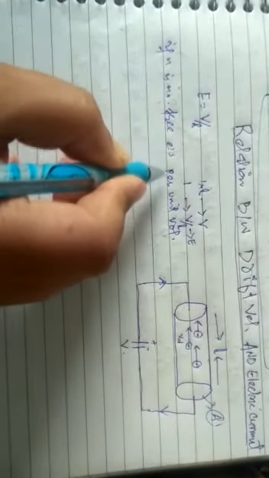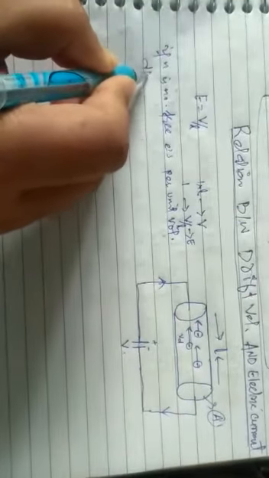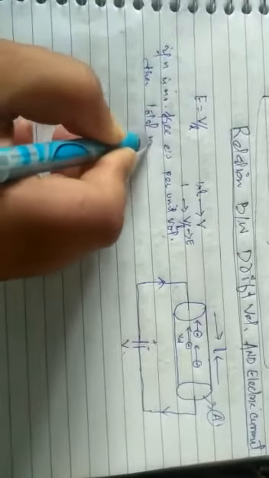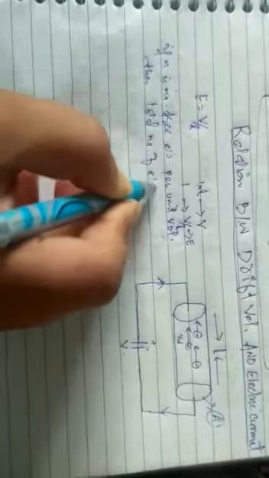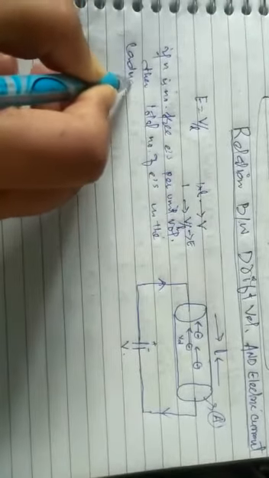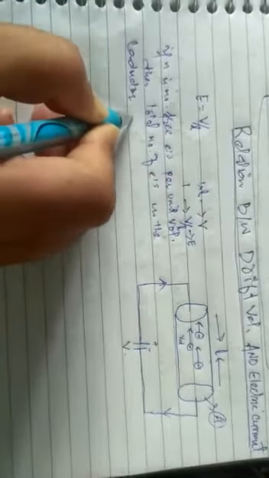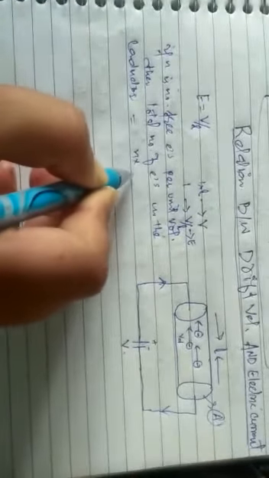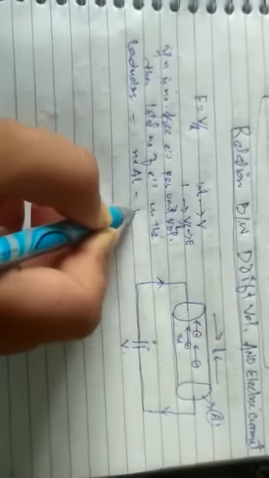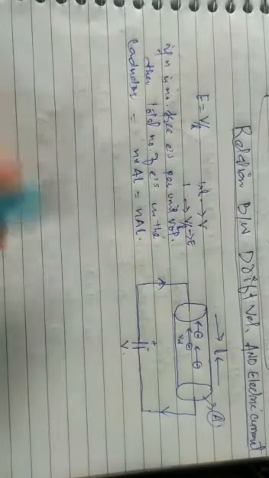So the total number of electrons in the conductor is n into the volume of the conductor, and that volume is A into L. So nAL is the number of electrons in the conductor.